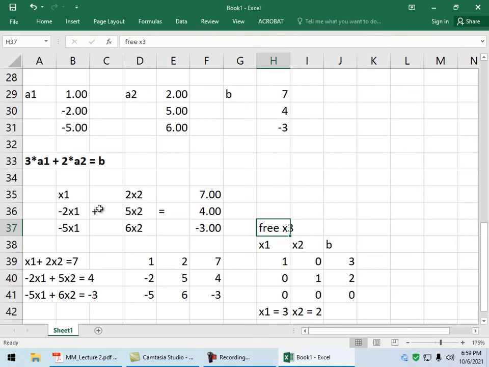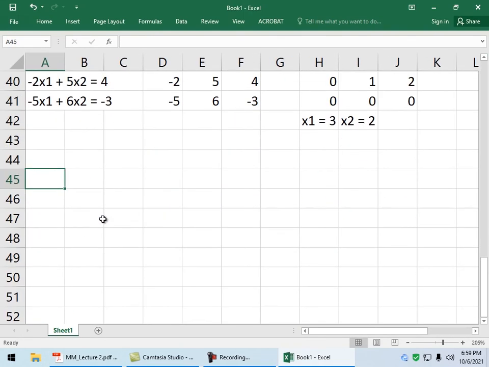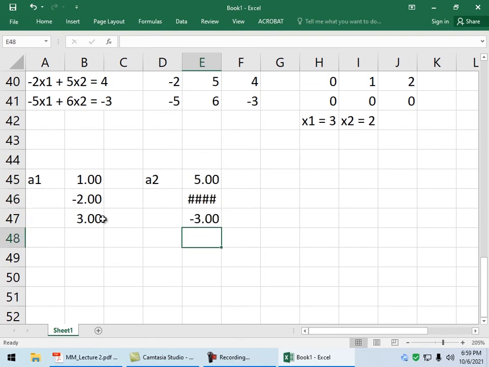Let's produce the example. The example is like this. We have vector a1, which is 1, minus 2, and 3. And we have vector a2, which is 5, minus 13, and minus 3.